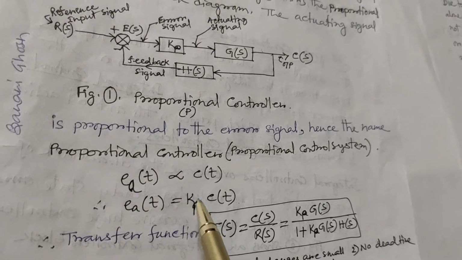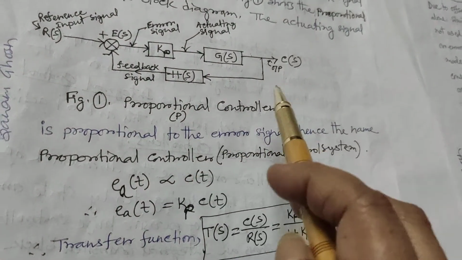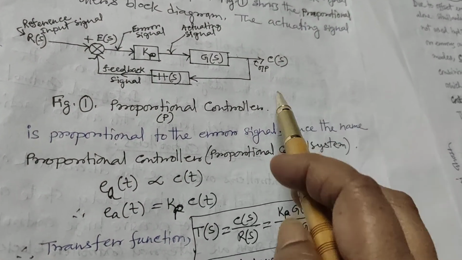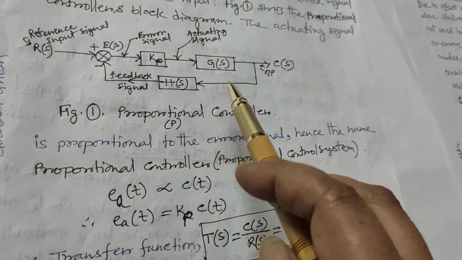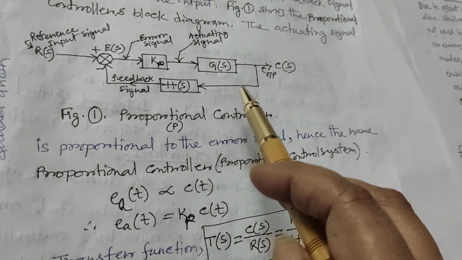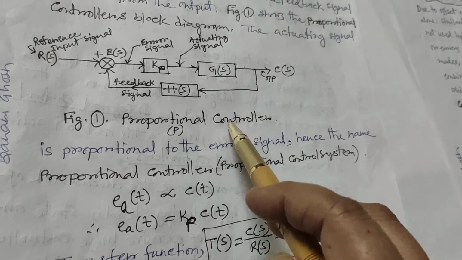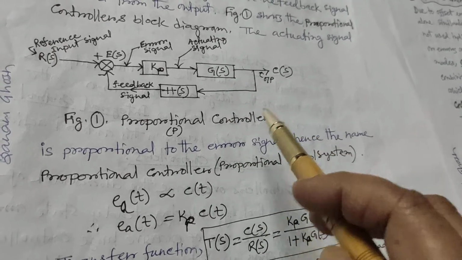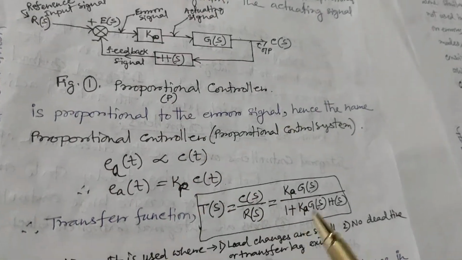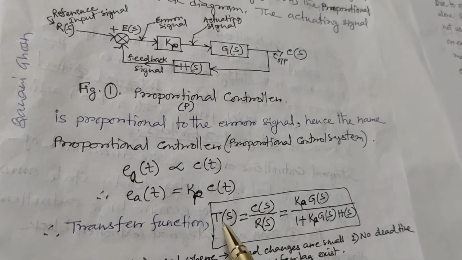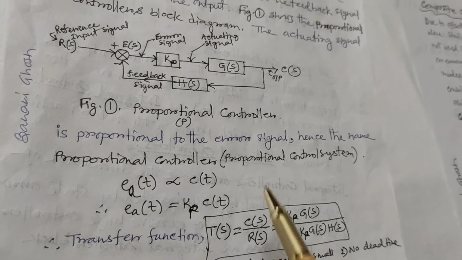Now from the figure we get the transfer function T(s) = C(s)/R(s). We know that T(s) = C(s)/R(s) = G(s)/(1 + G(s)H(s)) in a closed loop control system.